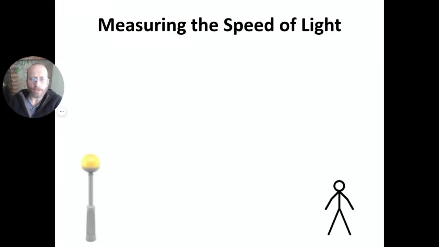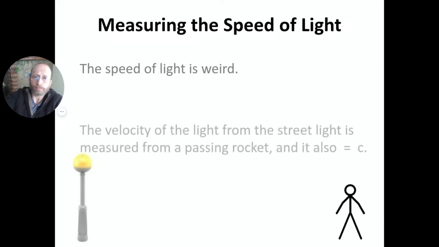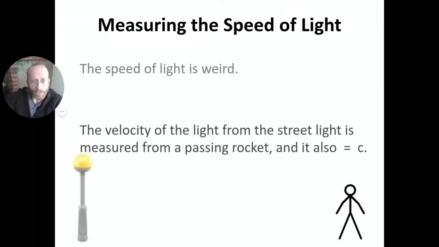Basically, let's say you're on a sidewalk and you see a street light and you have your little fancy dancy light measurer and you measure the light whizzing out at you from the street light and you'd clock it at the speed of light, c, a little less than 300 million meters per second. Well, imagine now there's a rocket ship flying past. It could go either way.